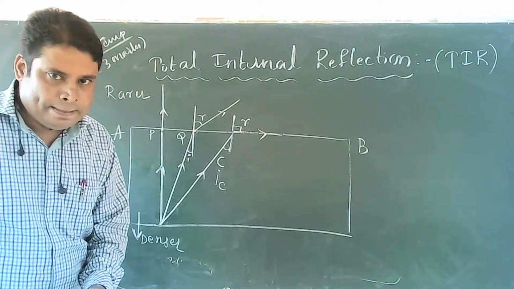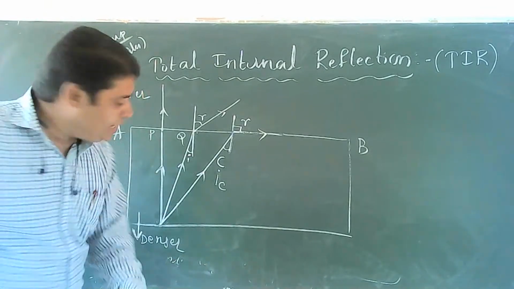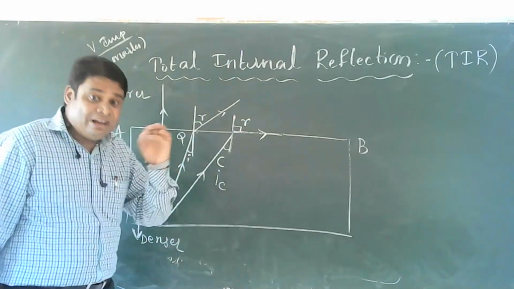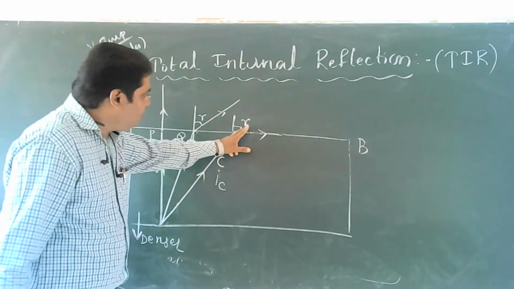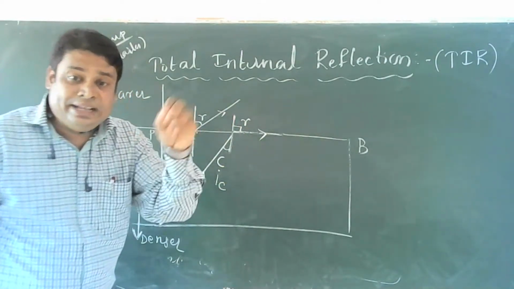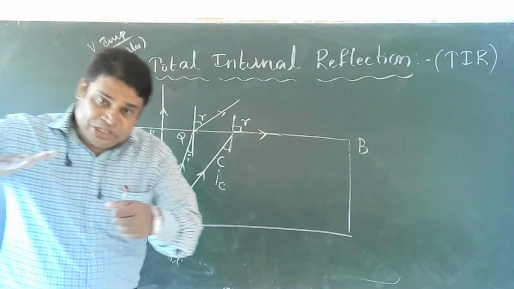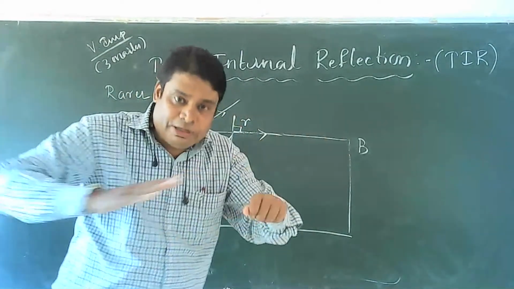For a particular value of the angle of incidence, your refracted ray makes 90 degrees with the normal. When the angle of refraction is 90 degrees, your refracted ray just grazes.